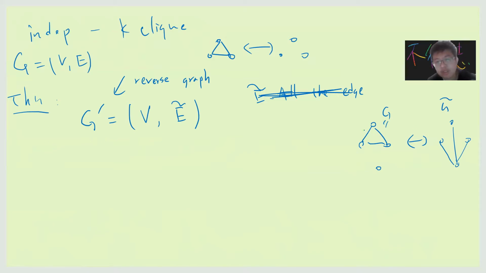Obviously, if you have a k-clique in your subgraph, let's say this is the original graph, and you have the k-clique, which is a k-complete graph.